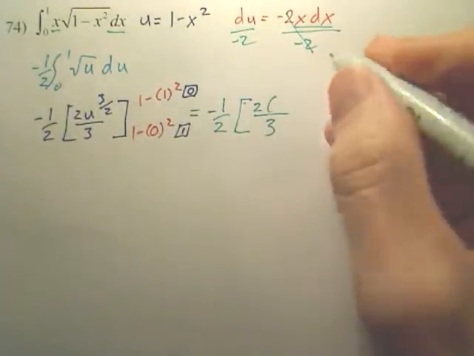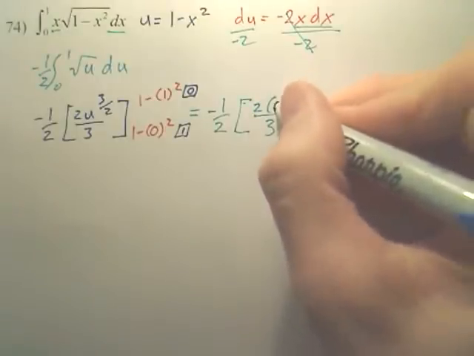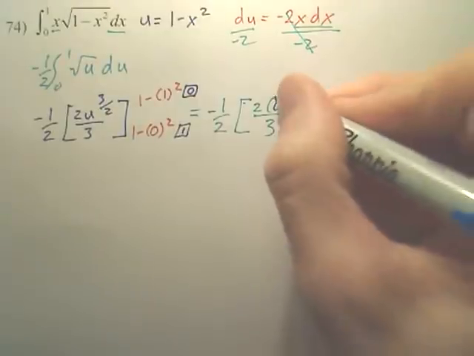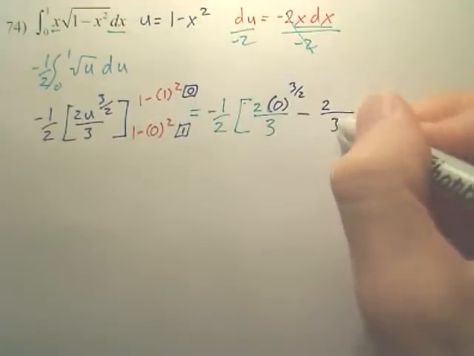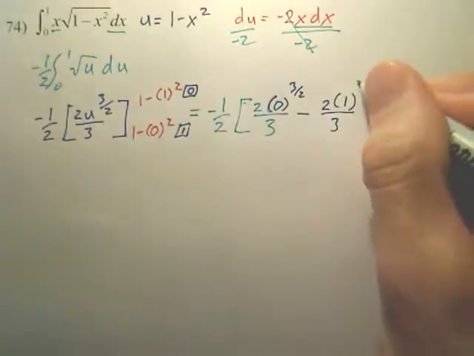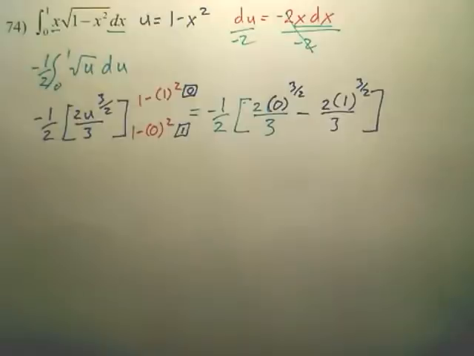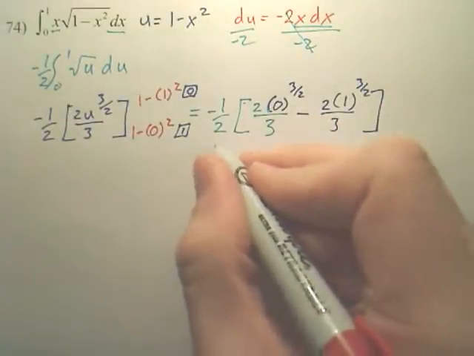Now, when you plug in 0 to the 3 over 2 minus 2/3 1 to the 3 over 2, it looks like we now have negative 1/2.